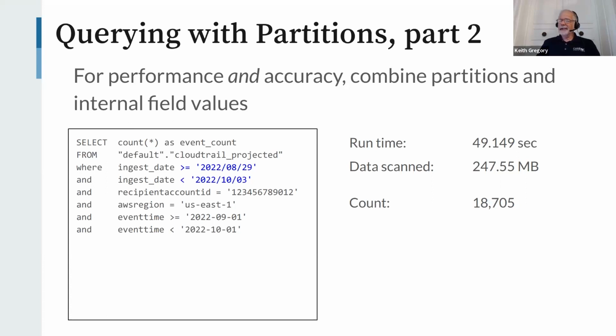Account ID is a little bit more tricky because of the way that CloudTrail deals with account IDs. But just by restricting the files by date, I brought my query time down from 6.5 minutes to 50 seconds, and I cut the amount of data that I read, and I got the accurate count.